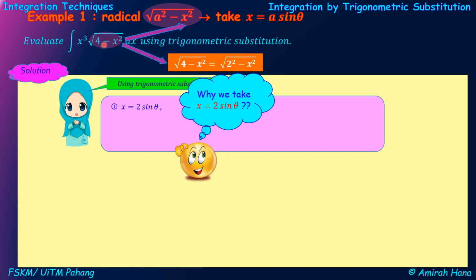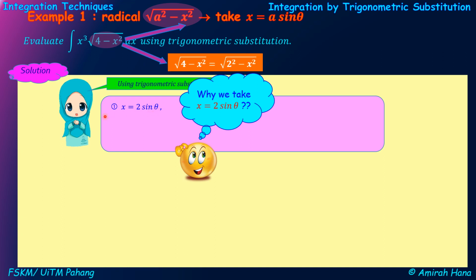So we can write the square root of 4 minus x squared as the square root of 2 squared minus x squared. When we compare, our a equals 2. So we replace a with 2 here. That is why we get x equals 2 sin theta.